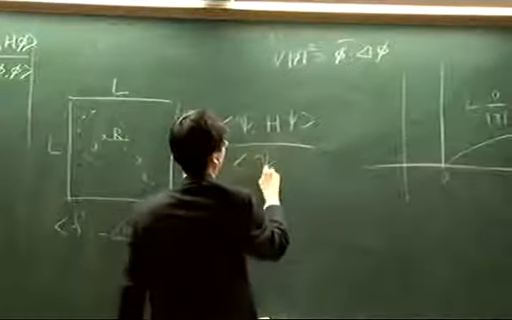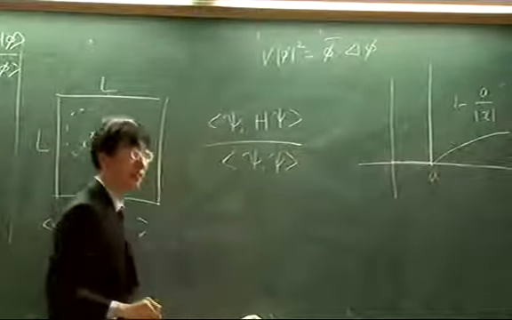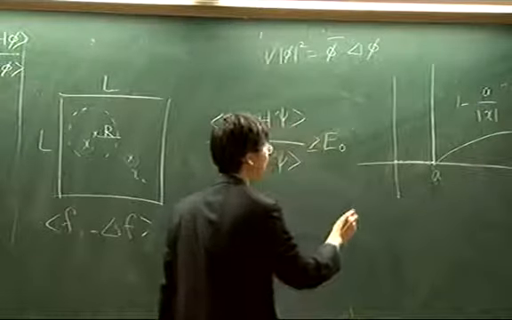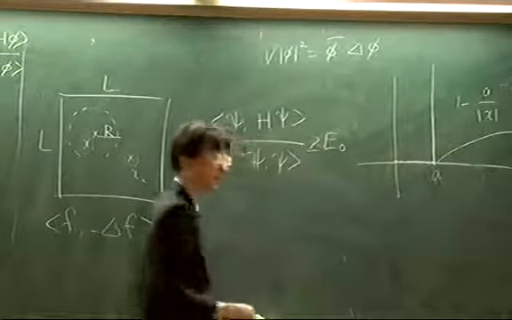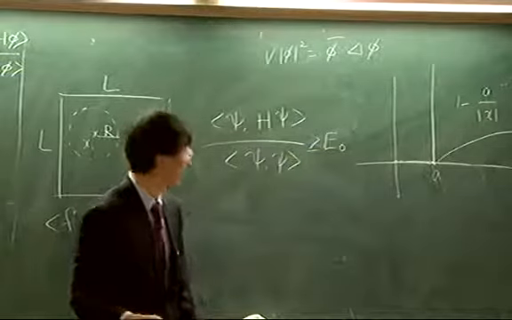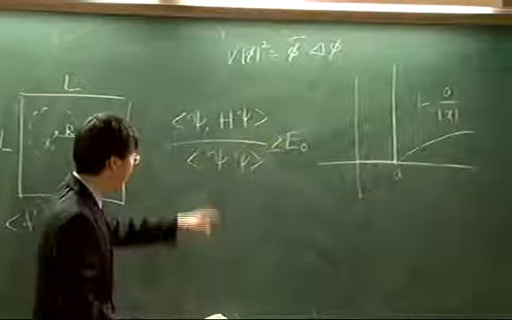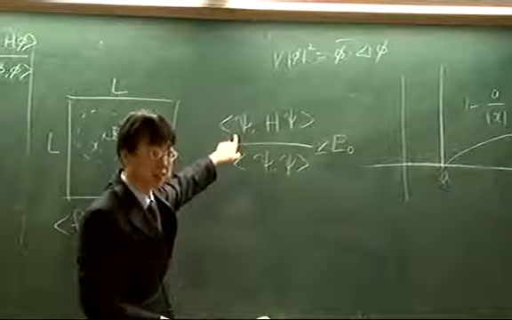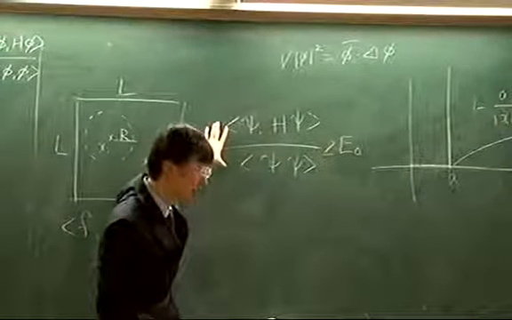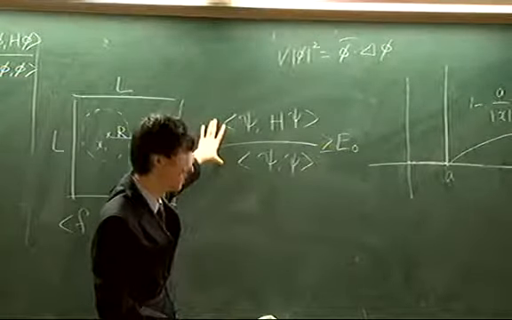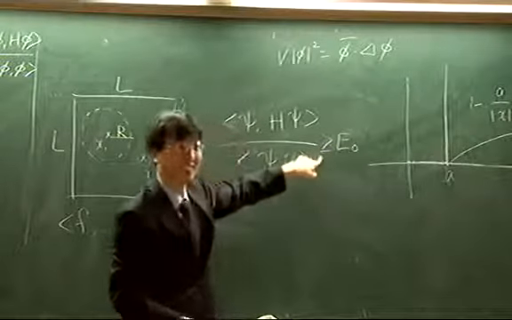Whatever psi we have, this must be larger than E0, the ground state energy. So what we need to do is find a very good psi, very close to the ground state. Then the value we get from the calculation is just an upper bound, so E0 is less than this.